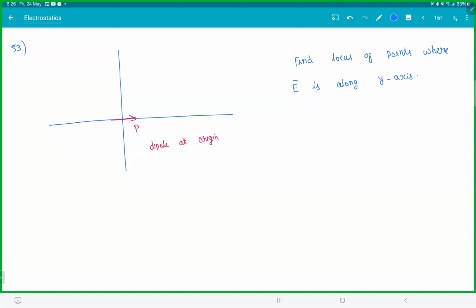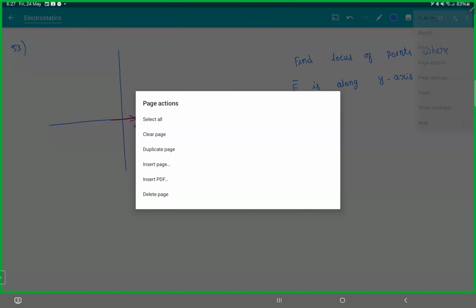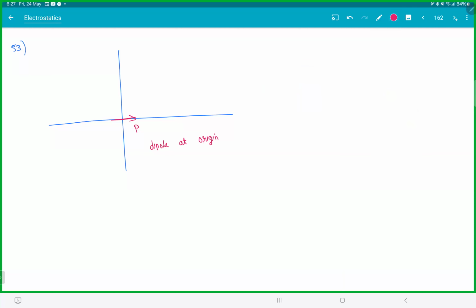How do we do this? So if you consider a point here, you're saying the field should be in the vertical direction. That means the horizontal should cancel out.